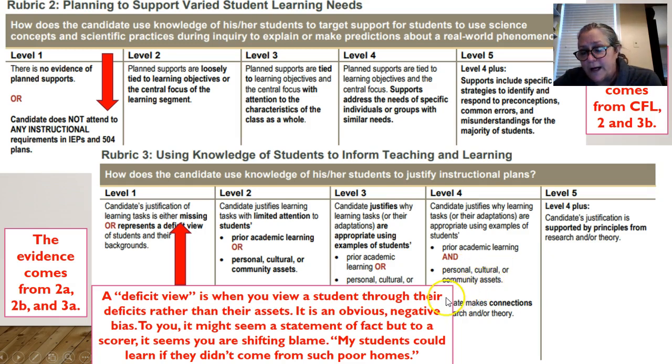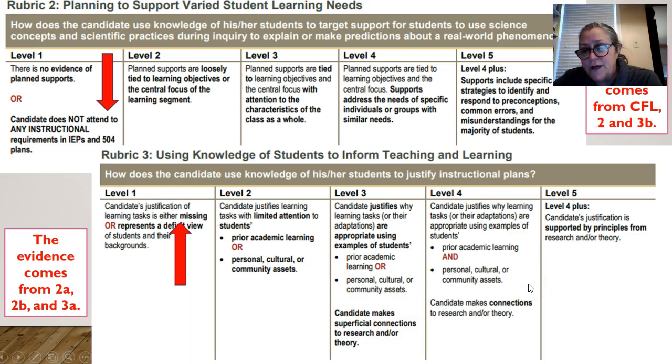Now, it's important to recognize that you don't have to do personal, cultural, and community assets, but you do need to do personal, cultural, or. So one of those, and this is how you justify the learning tasks.